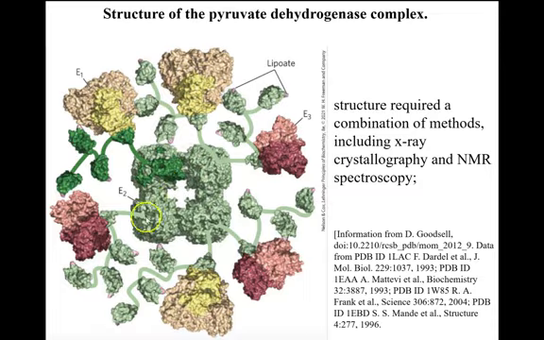So you see you have this complex, you have E2 right here, and then you have E1 enzyme here, and the third enzyme over in this area, and then you have the lipoate, which is the lysine amino acid residue that has that dithiol group attached to it.